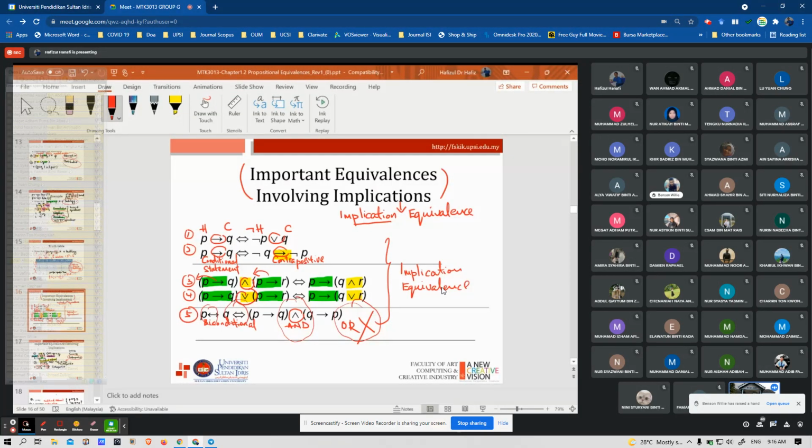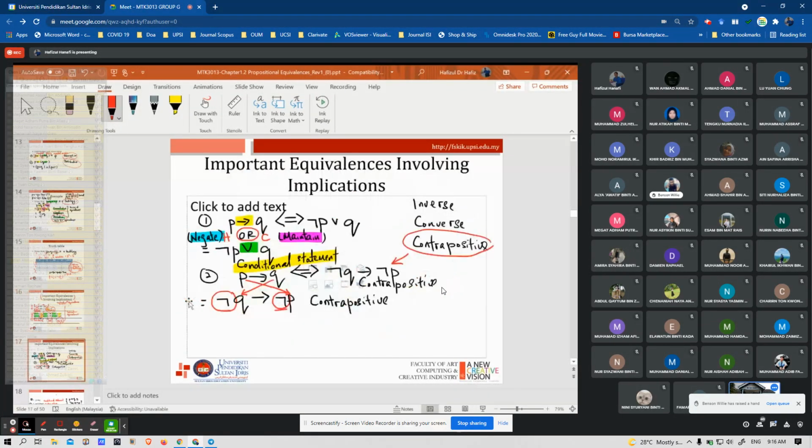Okay, this one for conditional statement and contrapositive. You need to contradict the statement. Okay, this one is contrapositive. You need to change the position. Okay, you need to inverse.